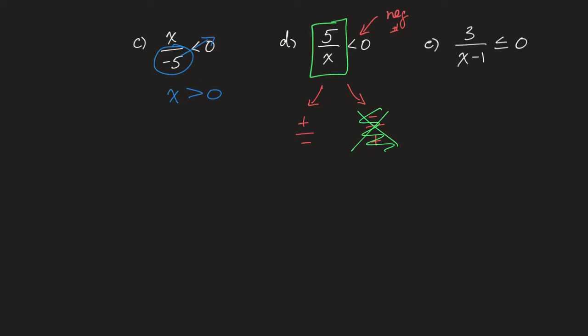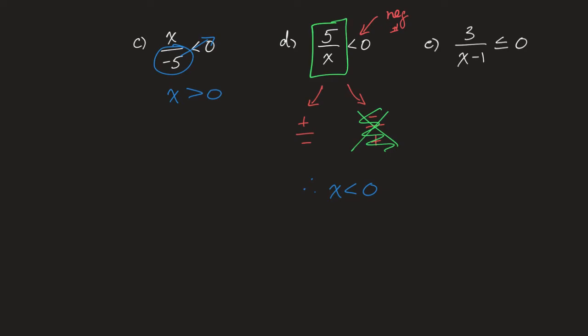So, since my top is positive, then my bottom must be negative. My solution to D would have to be that x is negative: x is less than 0. And notice, if you went back and subbed in any x value that is less than 0, your left side will be less than your right side.